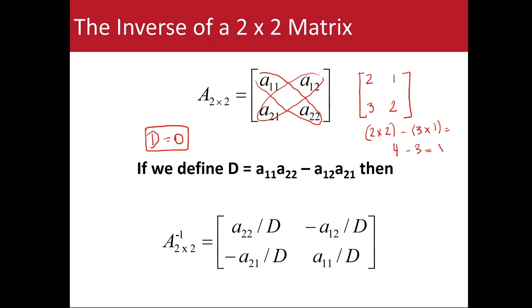Okay, so the determinant is generally calculated when we want to get the inverse of a matrix. The inverse of a square matrix is calculated by dividing every one of these elements, and we make some shuffling around of the elements and changing the signs, but we always divide all of them by the determinant.